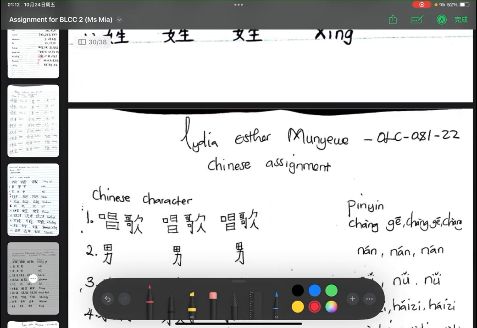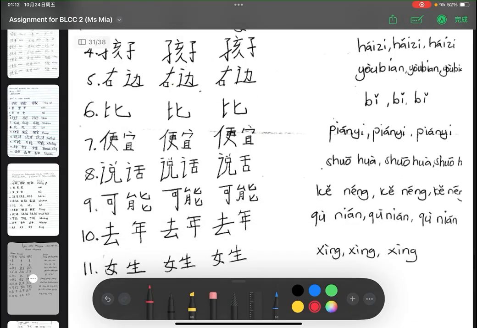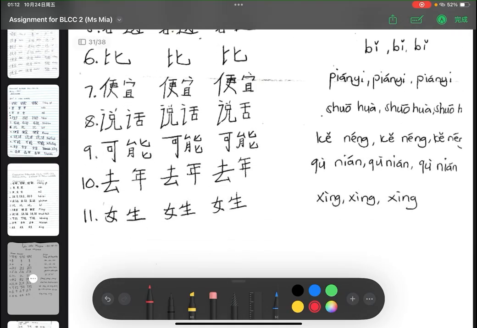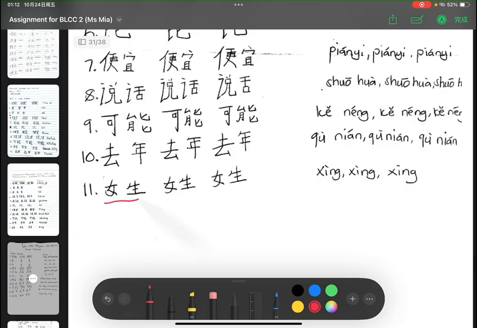It's beautiful, this one. It's also beautiful. So we can see there's too much space here. So when we write like this, that's 女生.